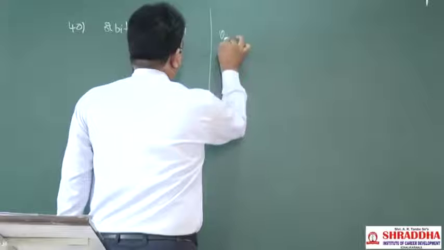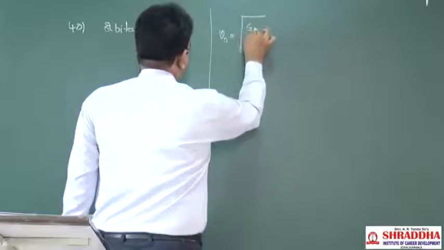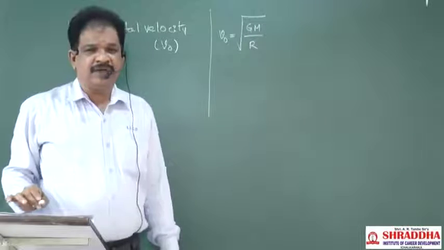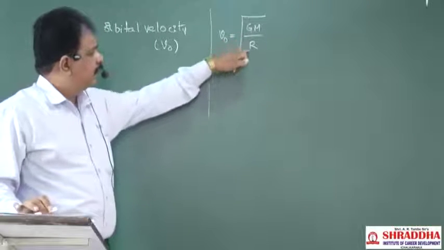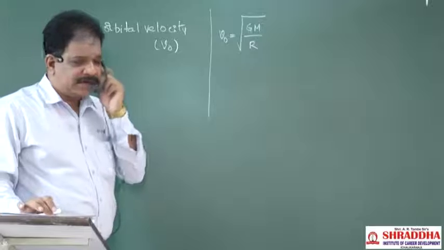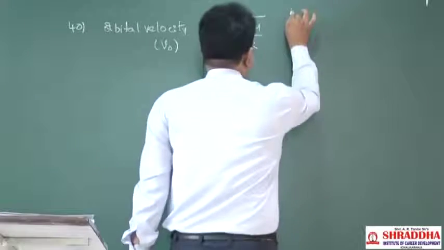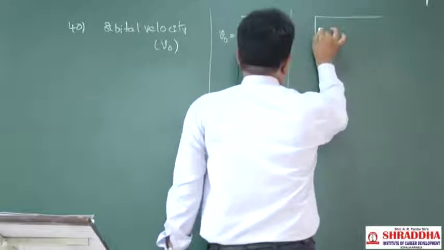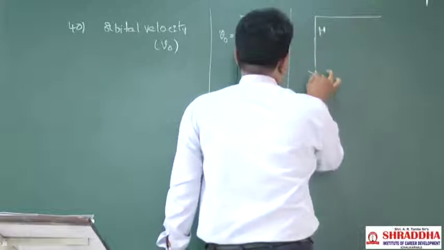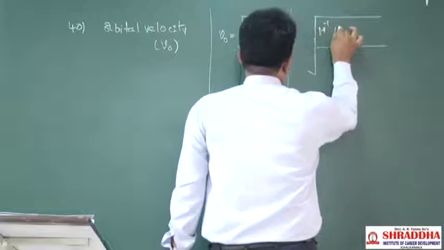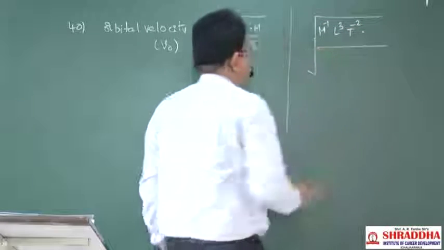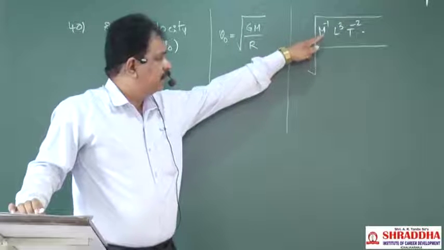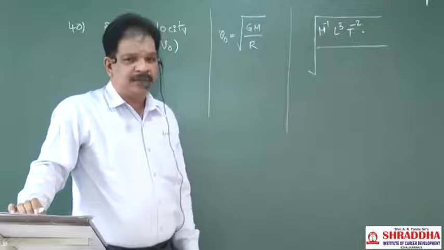Orbital velocity formula: V is equal to root of GM by r, square root of GM by r. This is the formula for orbital velocity. If we write the dimensions, what we will get? Square root of G dimensional formula, M power minus 1 L cube T power minus 2.